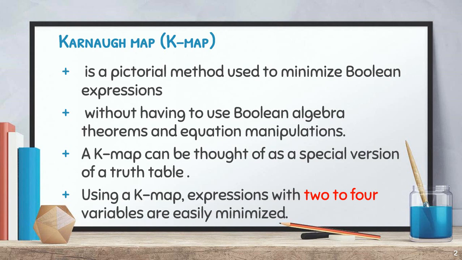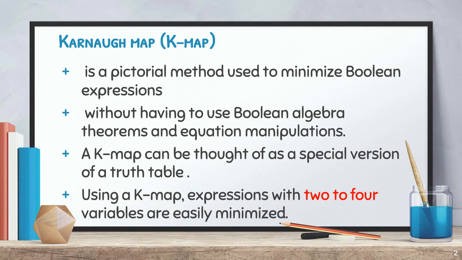A Karnaugh map is a geometrical configuration of 2 to the power n cells such that each of the n-tuples corresponding to a row of the truth table uniquely locates a cell on the map. The functional values assigned to the n-tuples are placed as entries in the cells.